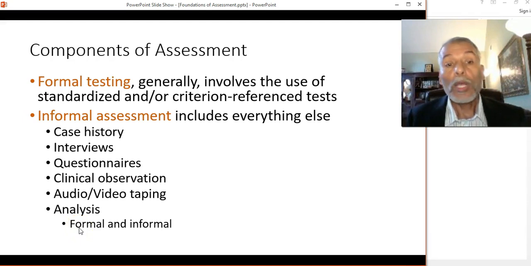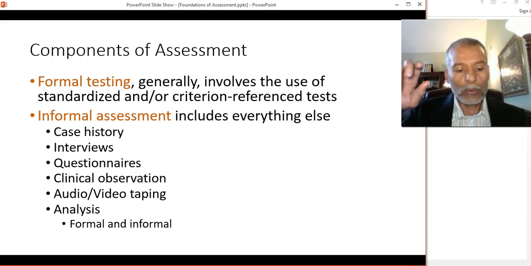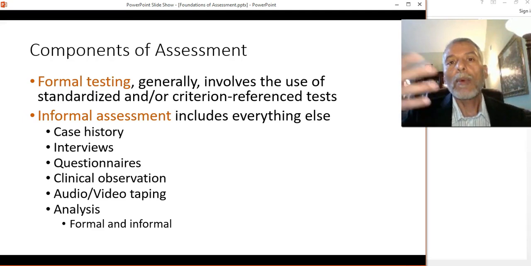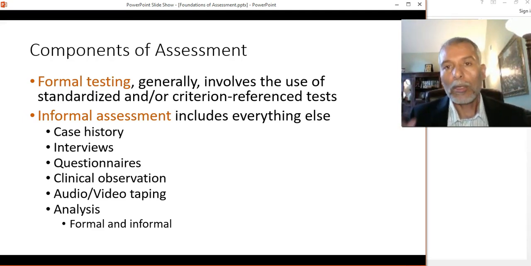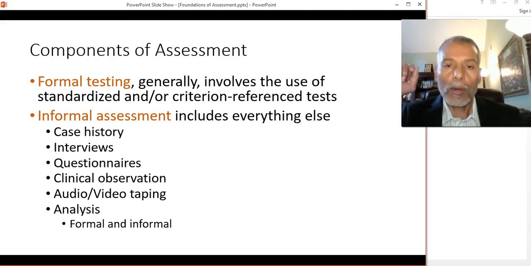Now, there are ways you could get the analysis and actually make it formal. You go to a manual that gives you, like, the mean length of utterances. It gives you exactly the criteria that you use in order to count and tally your sample, and then you come up with a particular score, a particular MLU, for example, based on criteria.